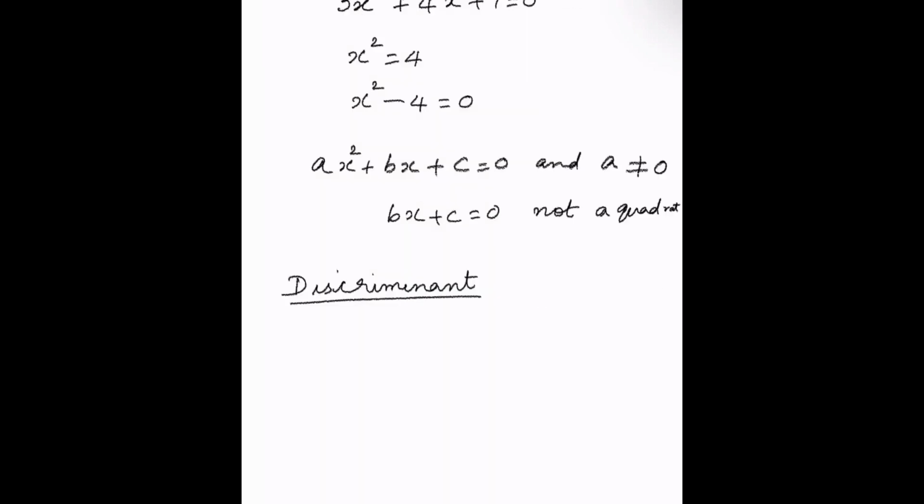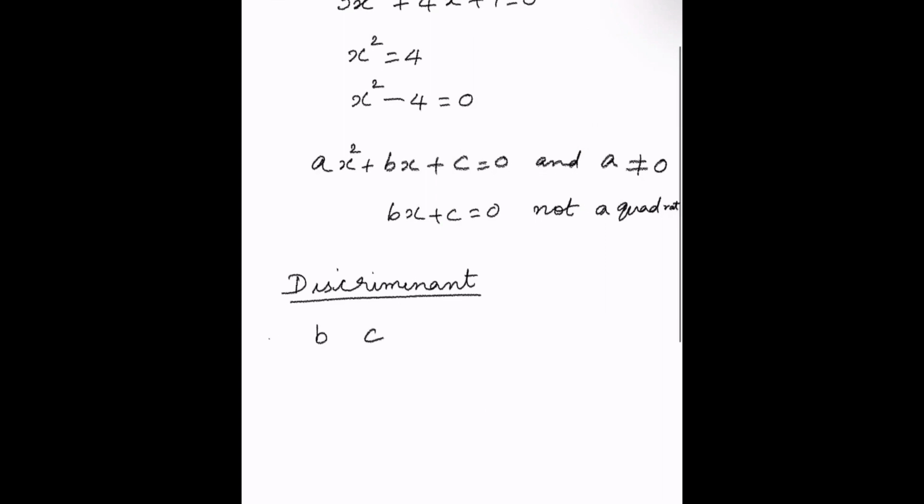Now, discriminant is a formula. The standard form of the quadratic equation is ax square plus bx plus c. From that, you pick up the value for a, the value for b, and the value for c. And then b square minus 4ac: you calculate that.